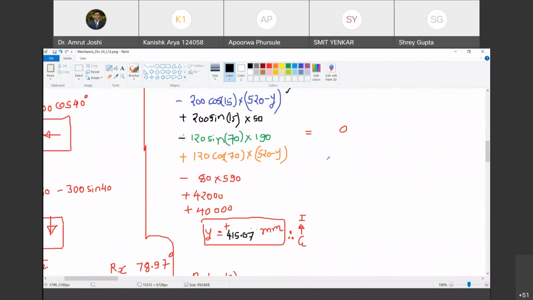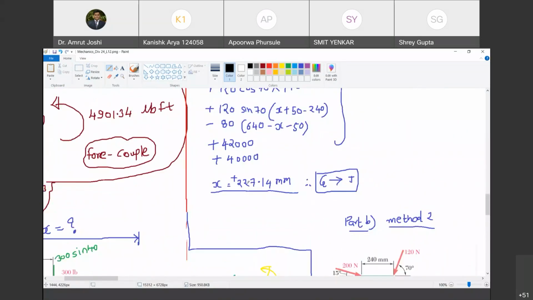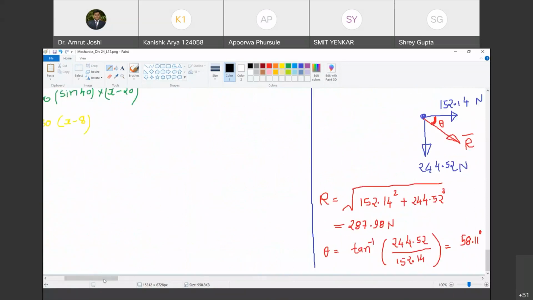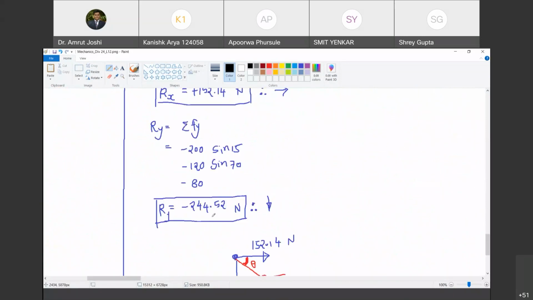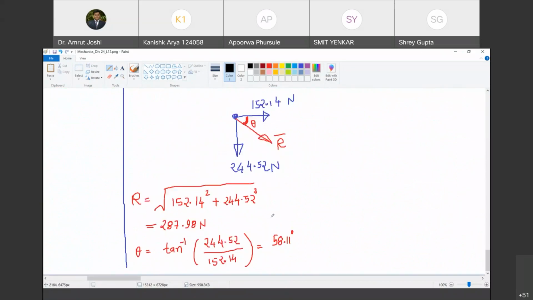So I don't think there is any error here. So now I'm very sure that we have done all the calculation correct. Ideally, what I would have liked to have is this 227.14 should be exactly equal to this 250. What did we get here?